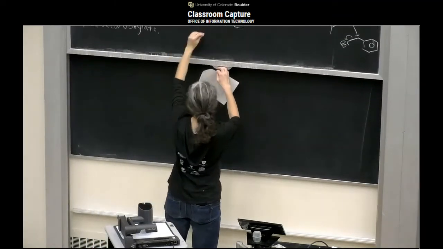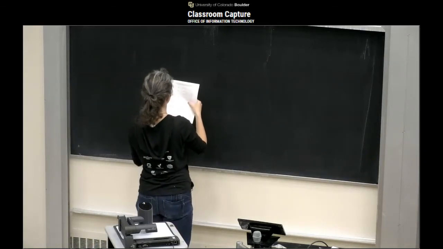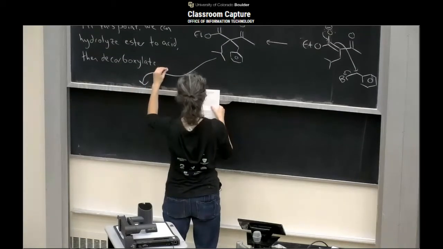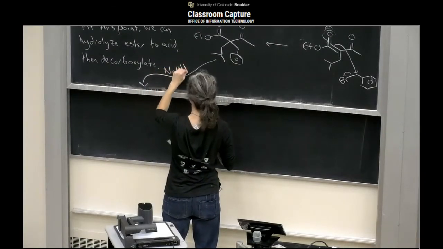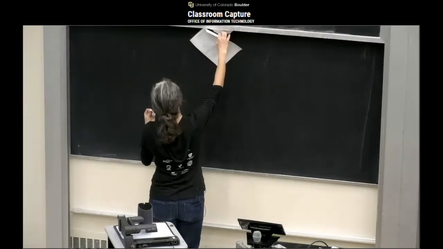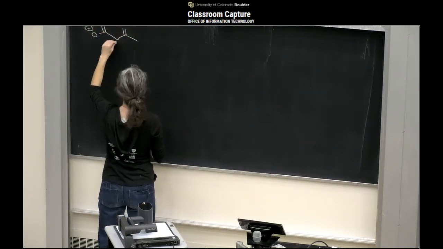I'm going to hit this with, and usually this is done in base first, just because it's a little bit easier, NaOH and H2O. I'm just going to abbreviate these as R and R prime because the exact identity doesn't really matter.